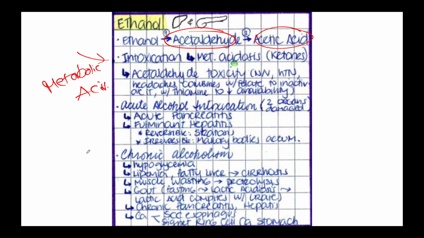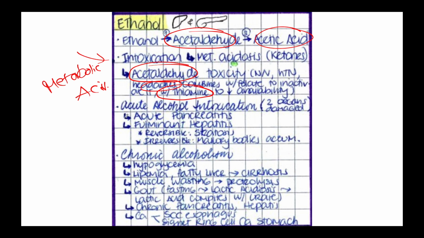And all ethanol toxicity is because of the acetaldehyde component, which is the end product of its metabolism. So the hypertension, the headaches, etc. And persistent ethanol consumption is associated with thiamine deficiency also.